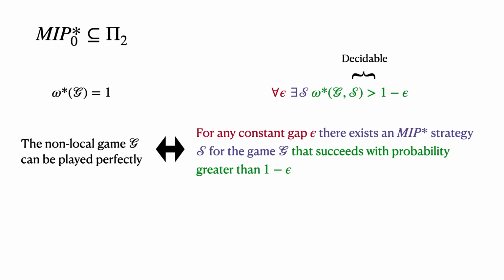More precisely, a game G has a perfect strategy if and only if, for all epsilon, there exists a strategy S such that the value of the strategy is at least 1 minus epsilon. Given an epsilon and a strategy S, deciding whether the value of S is larger than 1 minus epsilon is a very simple task, and in particular it is decidable. This proves that MIP star 0 is contained in Pi2.